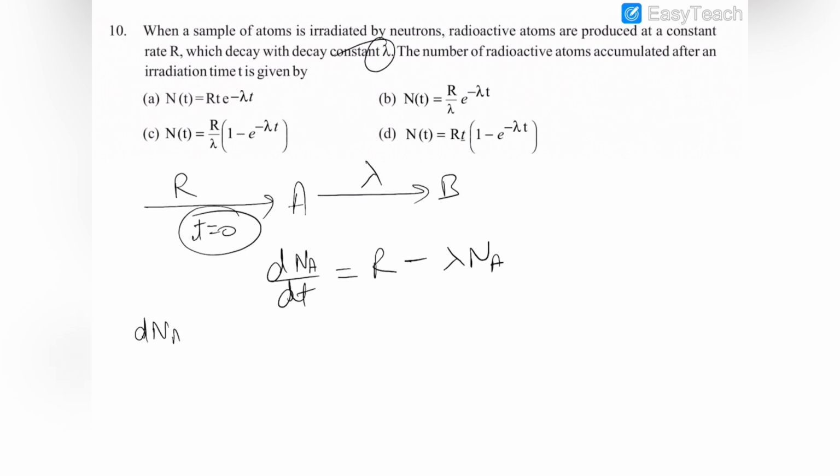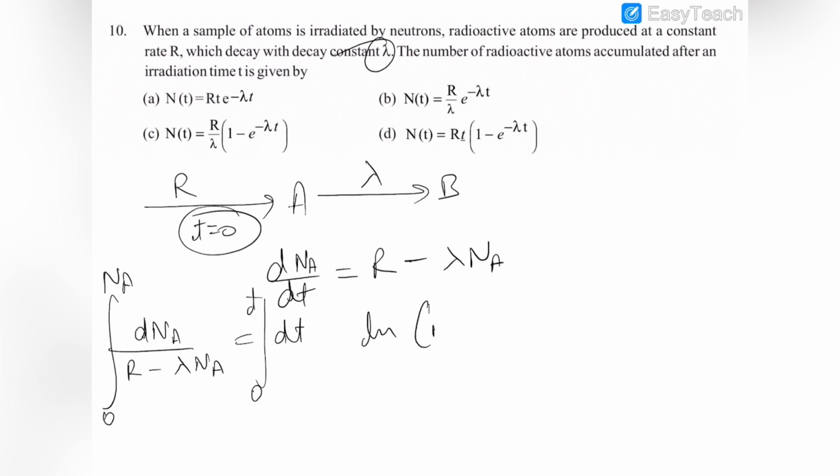So you can integrate these terms, and you can see that it would be dNA upon R minus lambda NA equal to dt, and in integration, the limit of NA will be 0 to NA, and the limit of time will be 0 to t. So this is ln of R minus lambda NA, with limit from 0 to NA, and this is t. This would also be divided by minus lambda, the integration term.